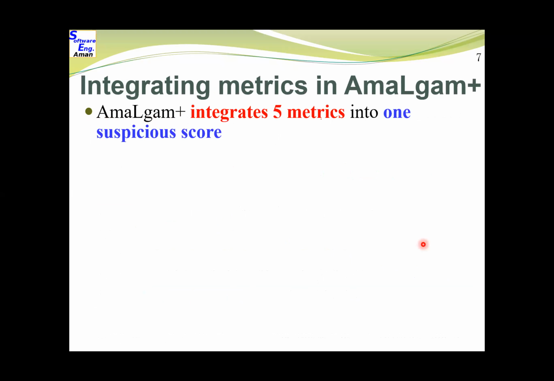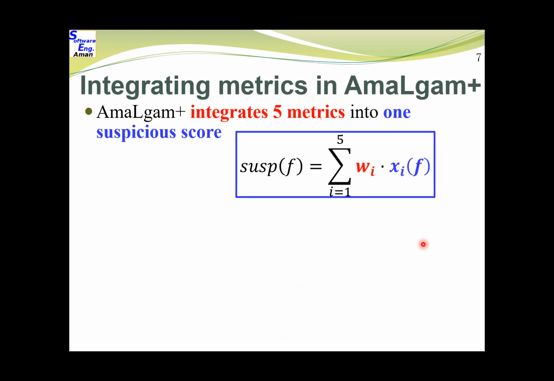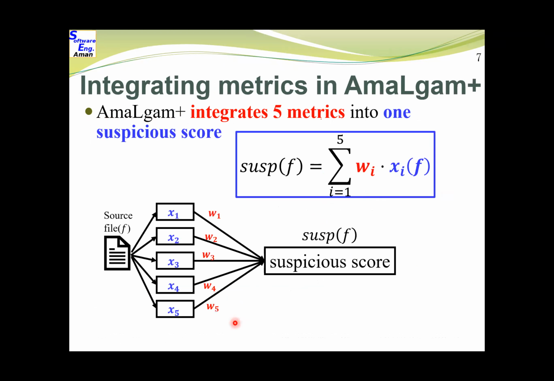And I explain about integrating metrics in Amalgam Plus. Amalgam Plus integrates 5 metrics into one suspicious score. In this expression, xi means the i-th metric value of file f, and wi expresses the weight coefficient of the metric.